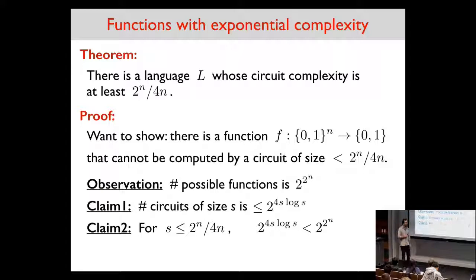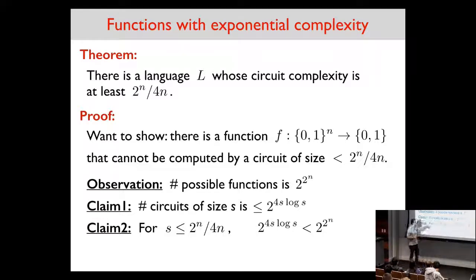Now I'm going to make 2 claims, and the result is going to basically follow from these 2 claims. The first claim is that the number of circuits of certain size s is at most 2 to the 4s log s. I'm going to prove this claim. The second claim is that if s is less than or equal to 2 to the n over 4n, then 2 to the 4s log s is less than 2 to the 2 to the n.